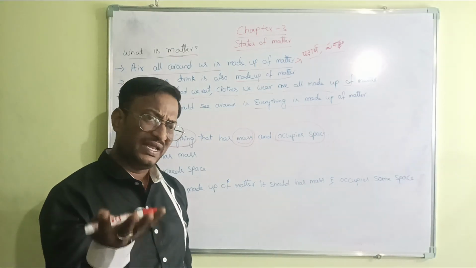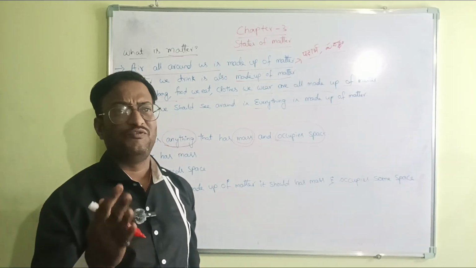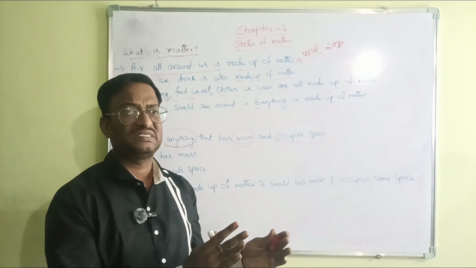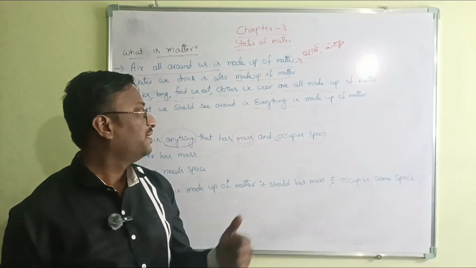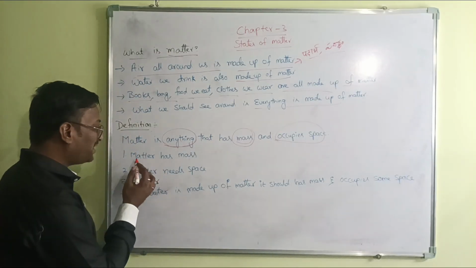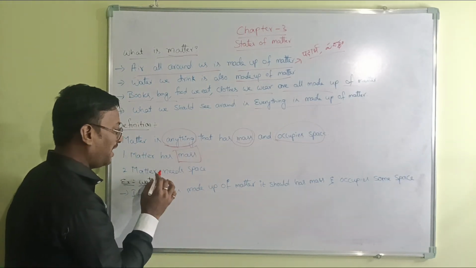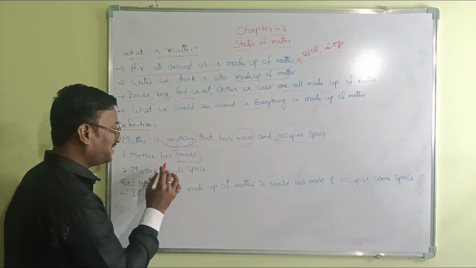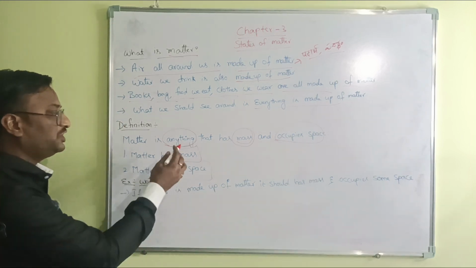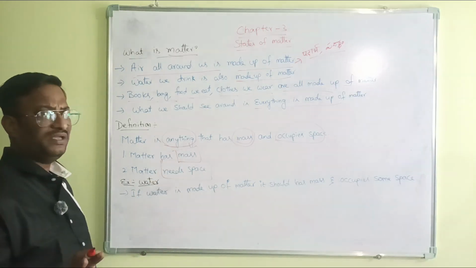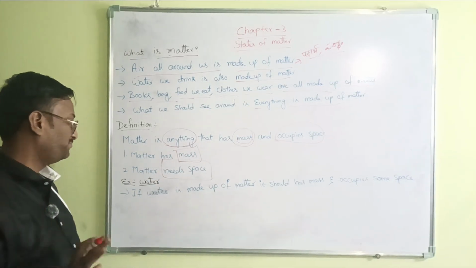Anything in nature which occupies some space and has some mass is called matter. Matter has two things: one is mass, and second, matter needs some space to occupy. If these two things are there for any body, that body is made up of matter.